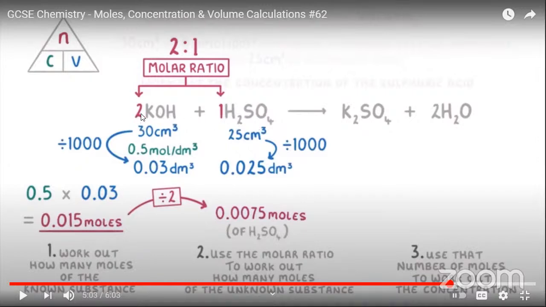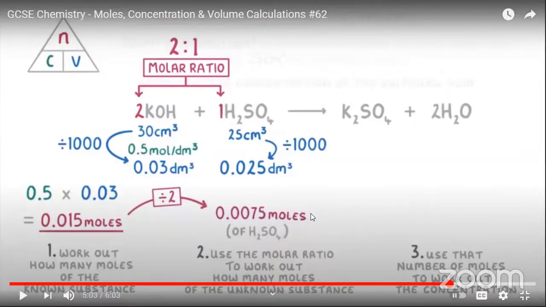So 2 to 1 was our mole ratio, which means that 2 moles of potassium hydroxide will react with only 1 mole of sulfuric acid. Meaning for us to get the moles of sulfuric acid, we have to halve or divide by 2 the moles of potassium hydroxide, which gives us 0.0075 moles.